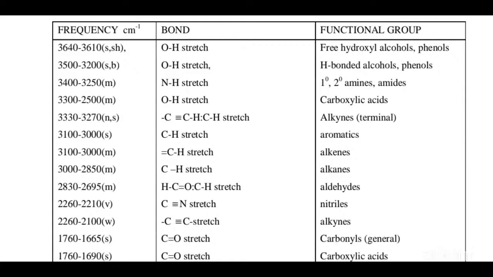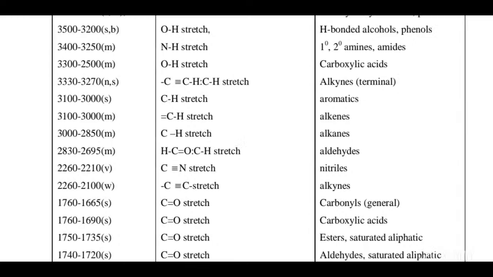And the CH stretching frequency in aromatics, the single bond CH stretching frequency, is 3100 to 3000. And the double bond CH stretching frequency in alkenes, olefins, is 3100 to 3000.